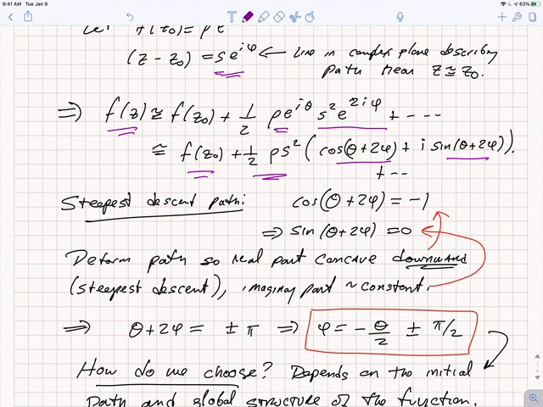In particular, if I want this to look like a decaying Gaussian whose value I can evaluate, I want to choose my angle phi, which is the direction that I'm going in the complex plane, so that cosine of theta plus 2 phi is equal to -1. That maximizes this negative part, but because cosine squared plus sine squared is equal to 1, it also sets the sine equal to 0.